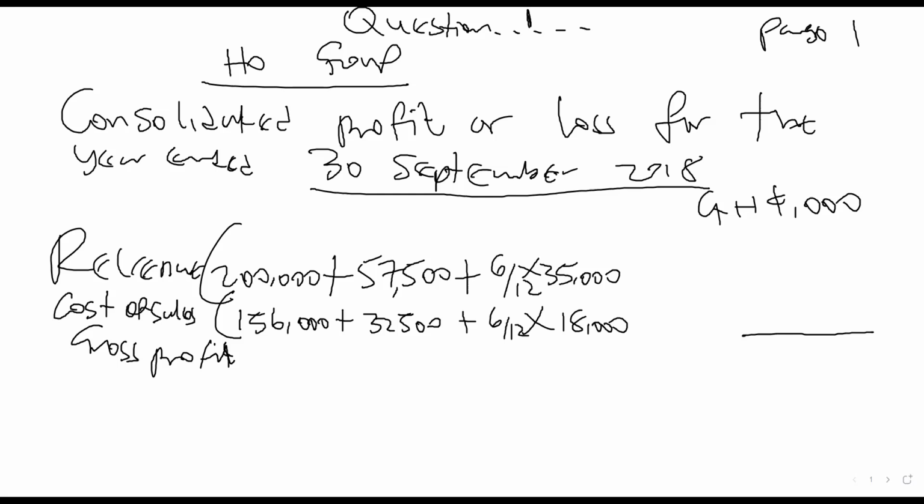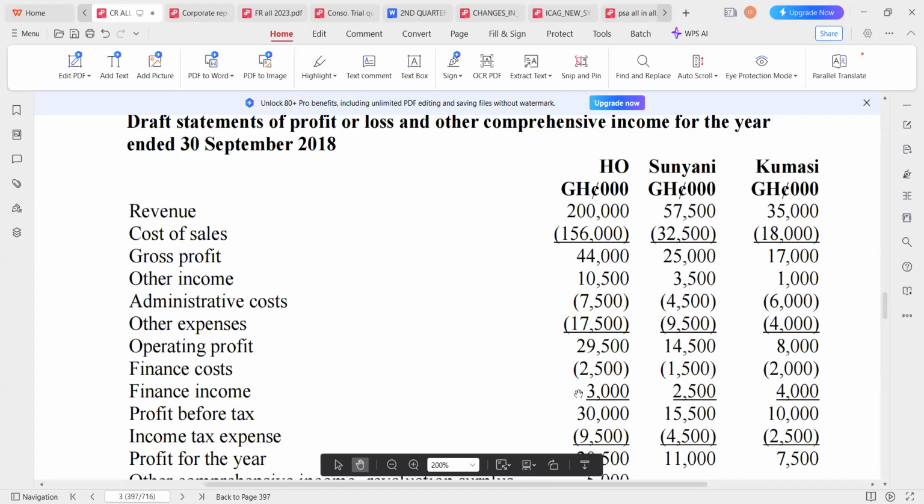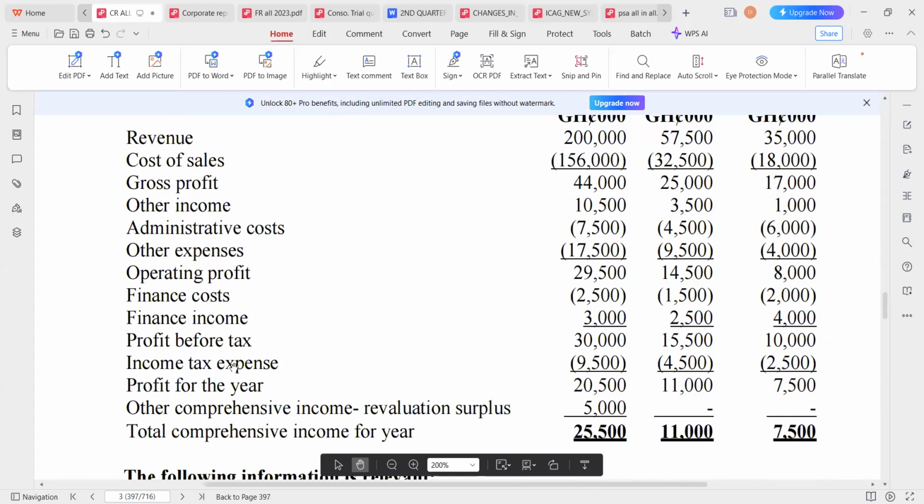Now back to the question. Please copy everything, line by line consolidation. In the last question we solved, we made a comment on where you open when there's an associate and when there's a disposal.